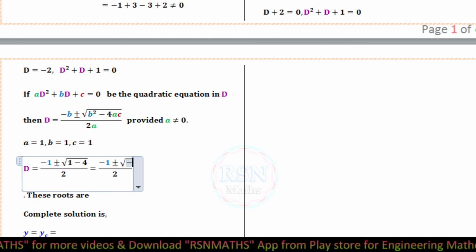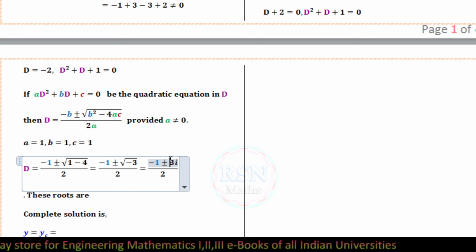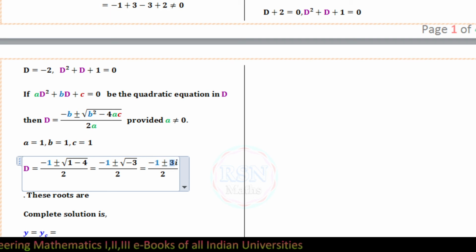And how can we write this -3 as root of 3i, correct?